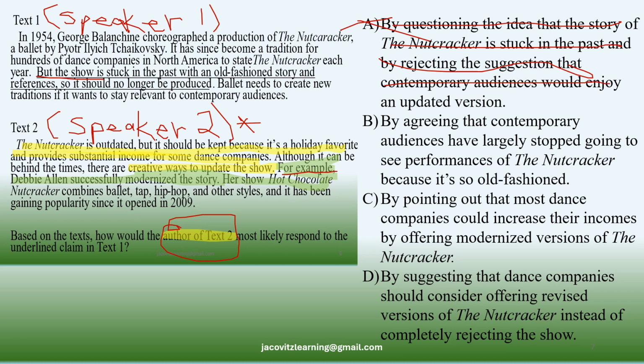Can we get rid of B, by agreeing that contemporary audiences have largely stopped going to see performances of the Nutcracker because it's so old-fashioned? If he agreed with that, why is it providing a substantial income? It's a holiday favorite. He says it, so it's not B.